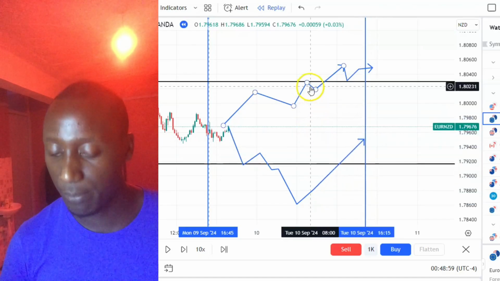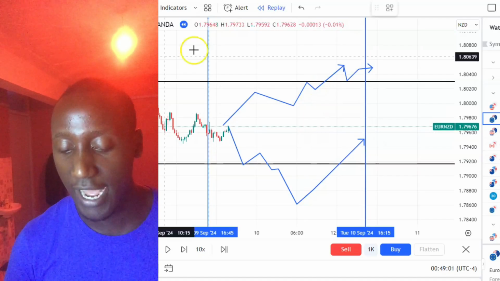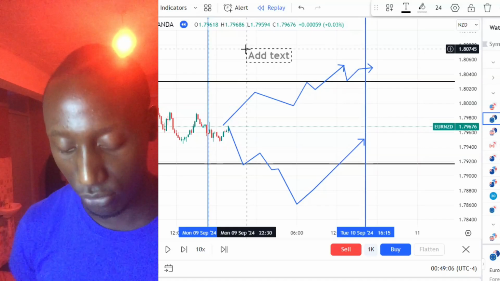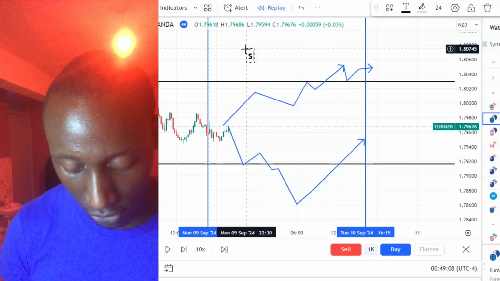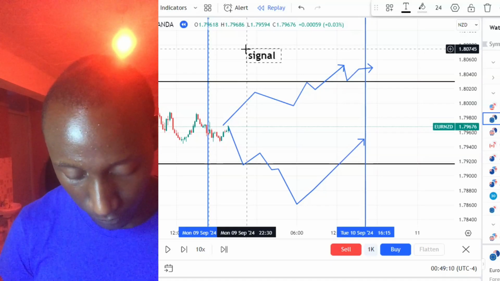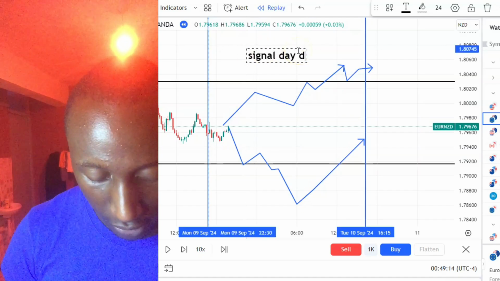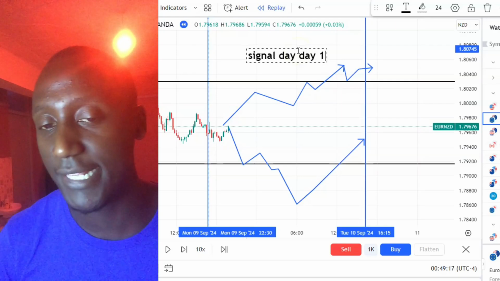Now, a failed breakout is what we call a signal. And on that day when we have a failed breakout, this is what we call a signal day. And a signal day can also be called day one of the cycle.